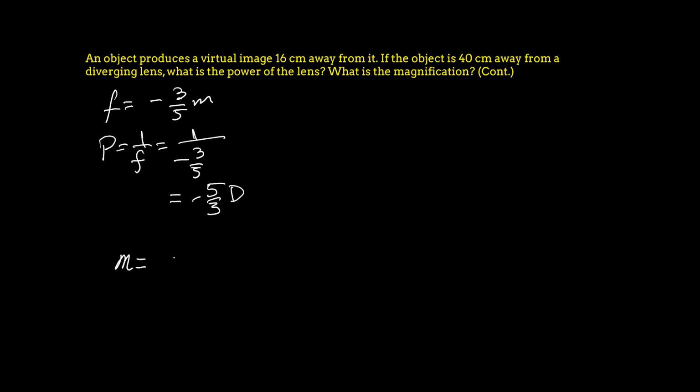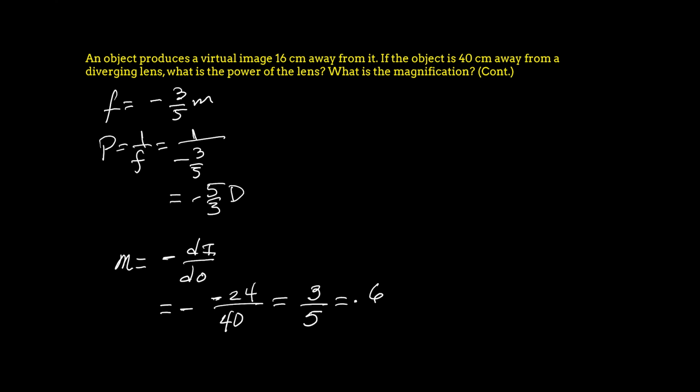Magnification is negative D_I over D_O. So D_I was negative 24, D_O is 40. The negatives cancel out. I can easily divide by 8, so that would be 3 over 5, or 0.6.